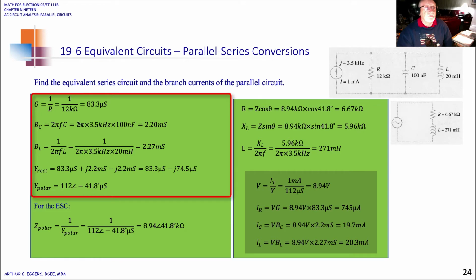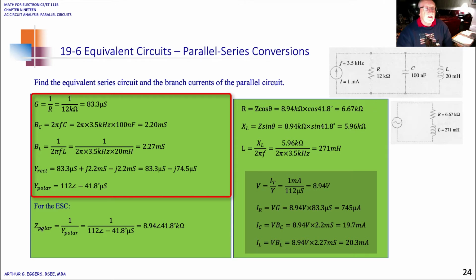You'll notice when we take these values and put them in rectangular form, 83.3 minus 74, we can immediately put it into polar form. We get 112 at an angle of minus 41.8 microsiemens.